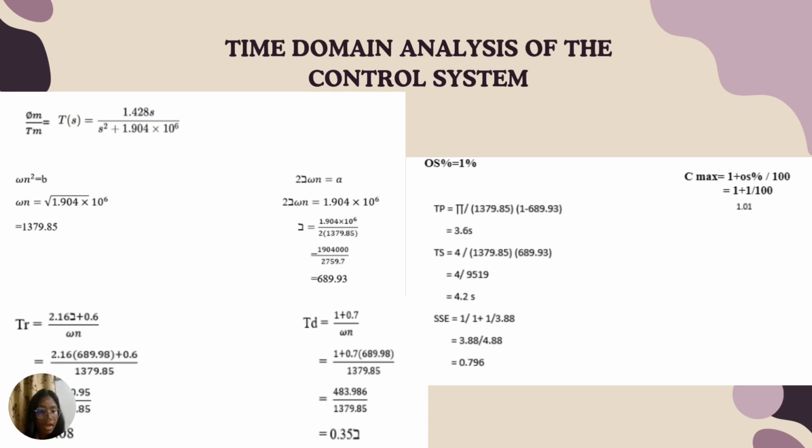Then we get TR of 1.08 second and zeta equals 0.35. The overshoot is 1% and the C maximum equals 1.01, and the TP we get 3.6 second, TS 4.2 second, and lastly SSE we get 0.796.